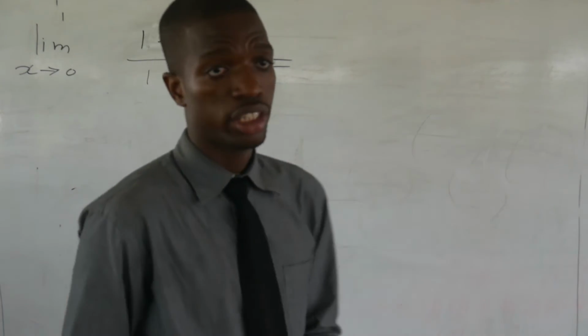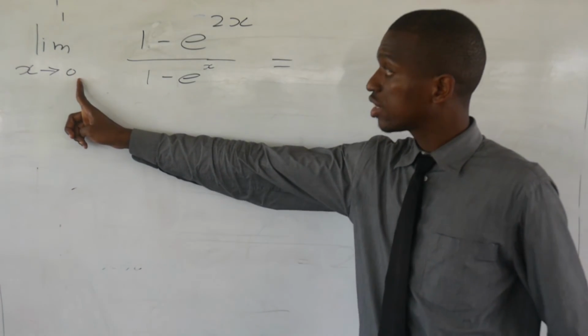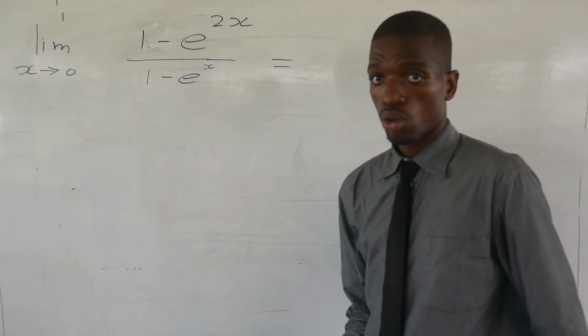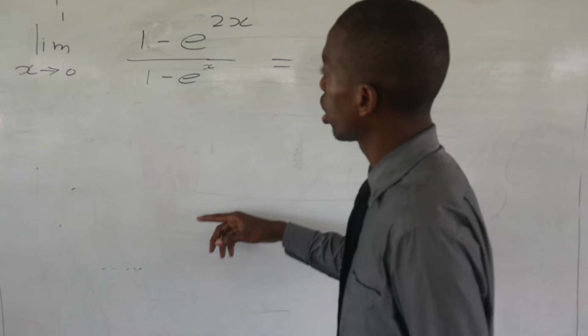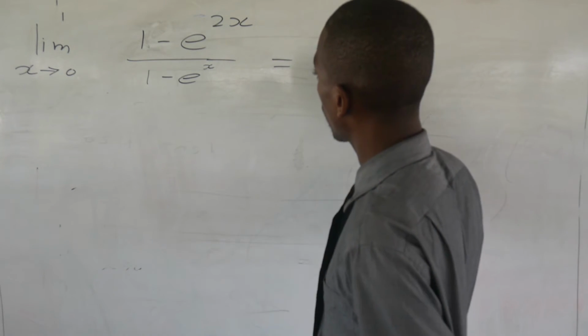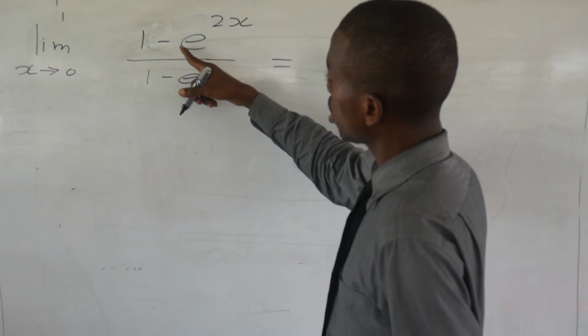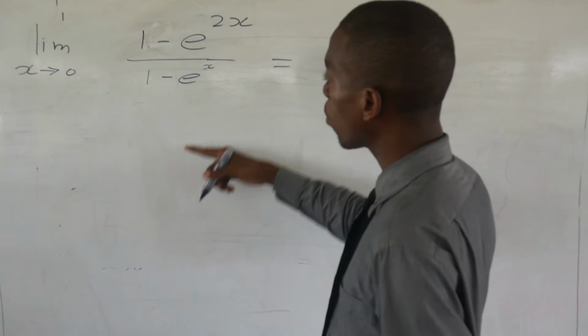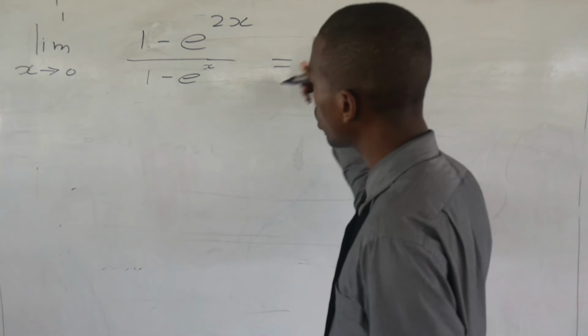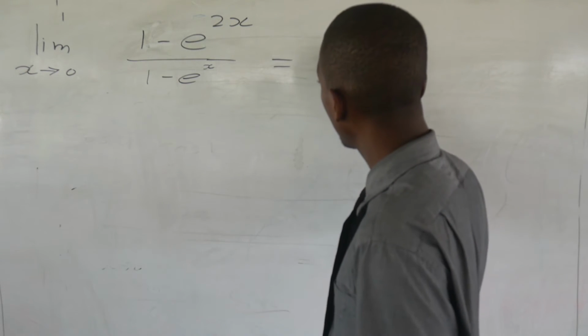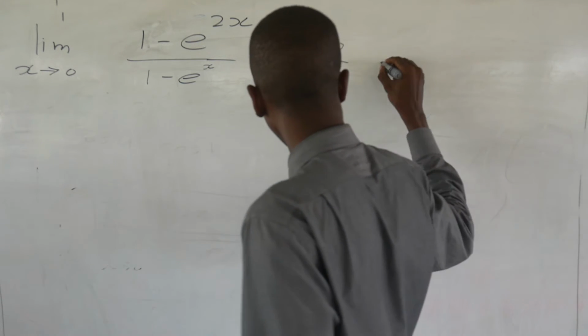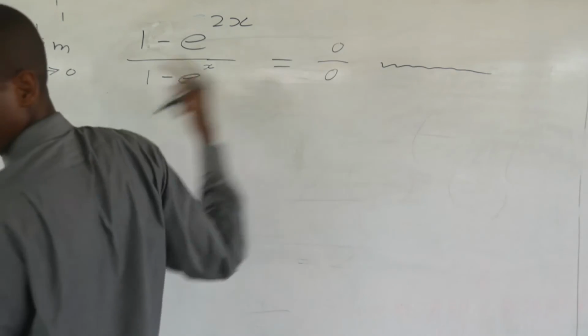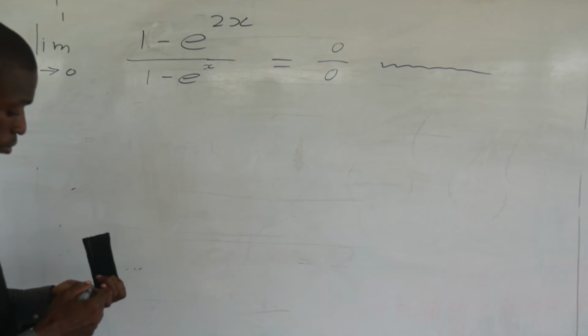So, let's go. Put 0 in here, what would you get? 1, if anything to the 0 power is just 1, so you have 1 minus 1 equals 0, 1 minus 1 is equal to 0, 0 over 0. Indeterminate form, please actually write it in the exam.